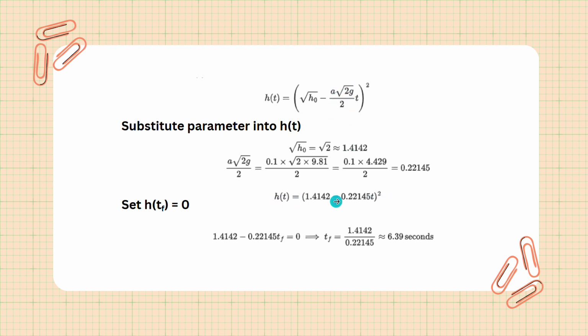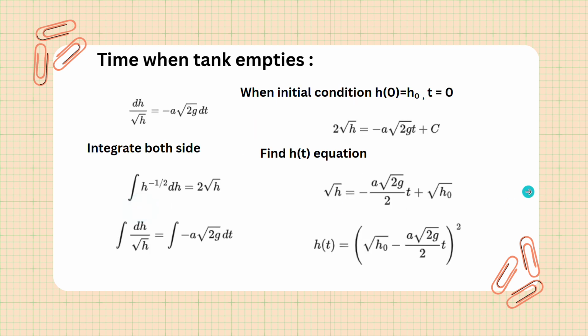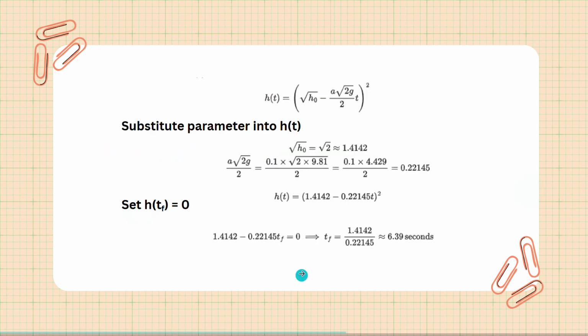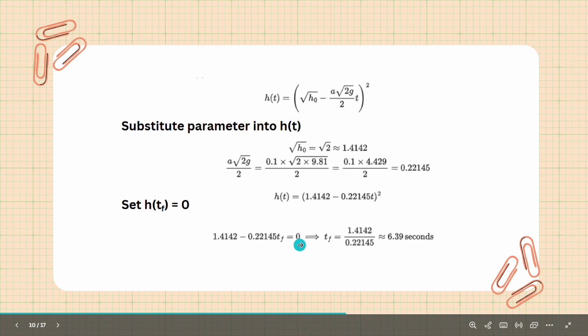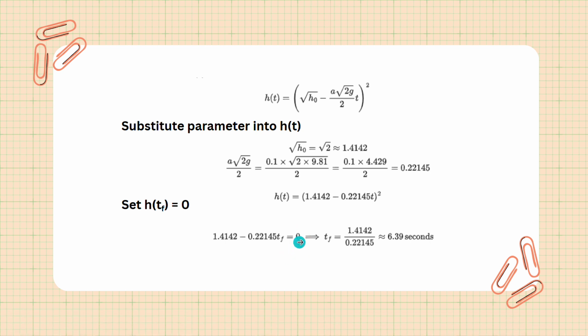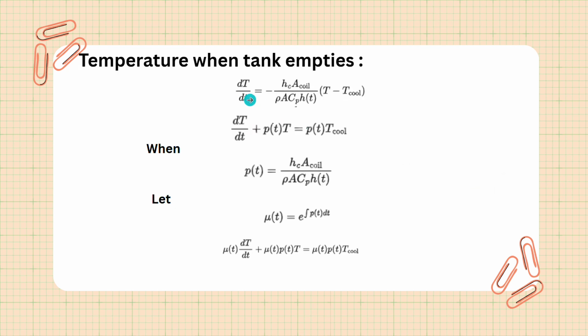After getting this equation, we want to find when the tank empties, what is the time. So we just set the height equal to 0 so that we can find the time. Finally, the time is 6.39 seconds when the tank is empty.